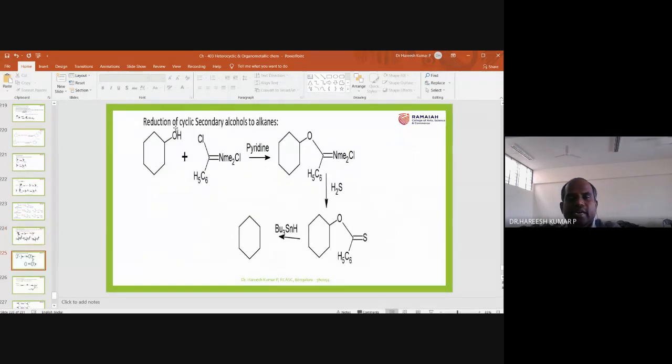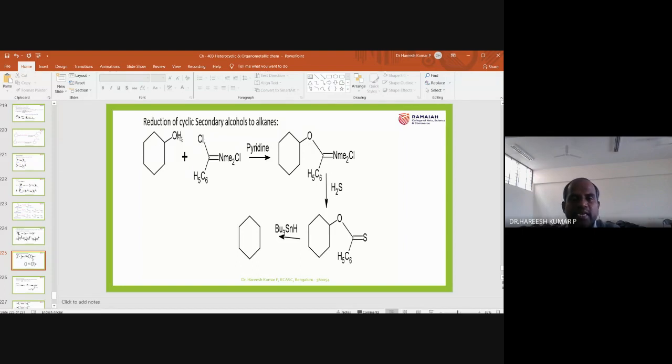So look here, reduction of cyclic secondary alcohol. So this is an alcohol, of course, a secondary alcohol. What will happen? When it is treated with a compound, what is the name of this compound? It's a double bond and then a chlorine. So what is happening here?